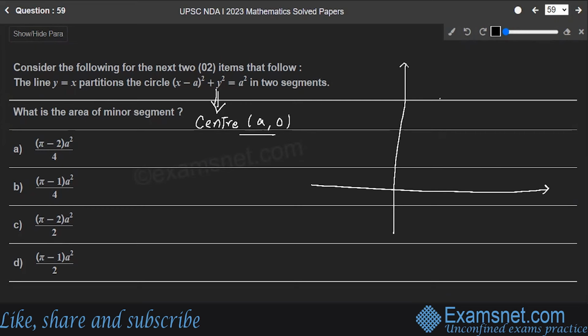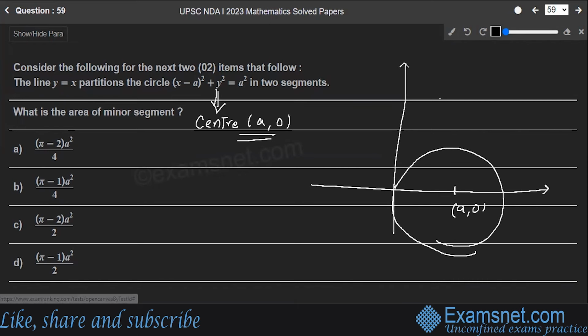(A, 0), right? So if I take A point over here, (A, 0) is somewhere over here. This is the center of the circle. So this is got to be the circle. The radius of the circle is A. Right? Now, the line y is equal to x. Let's draw a line y is equal to x. It's got to be more precise.